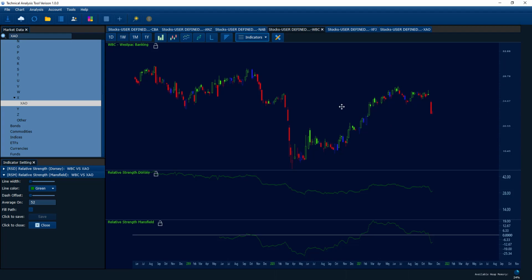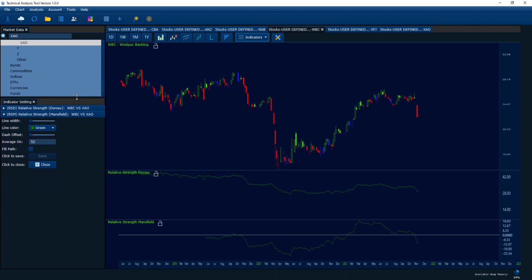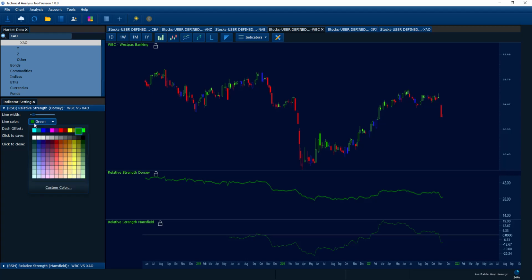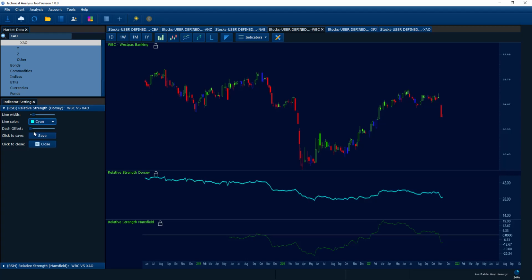Before we start with anything, let me go through the simple configurations of these two indicators. As you can see here, we have RSD and RSM. If you expand the RSD, it clearly tells us we are comparing WBC versus XAO. That's RSD, there's very little we can configure. Basically, we can configure the line join, width and the line color, and also the dash offset.